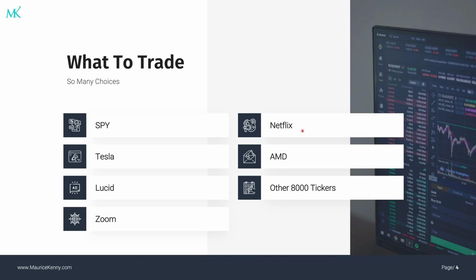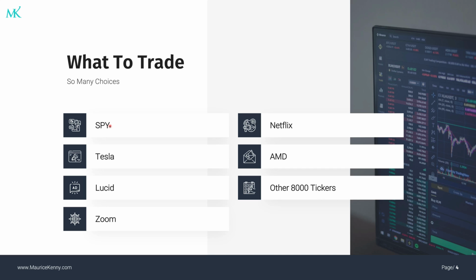Netflix has a new subscription. AMD is fighting whatever, so it's taking a while for it to go up, and all the other things happening with all the other 8,000 tickers. That's too much to think about. I don't know about you, but I'm indirectly lazy and I want to trade one ticker. So use laziness to your advantage. Trade one. Why trade all 8,000?